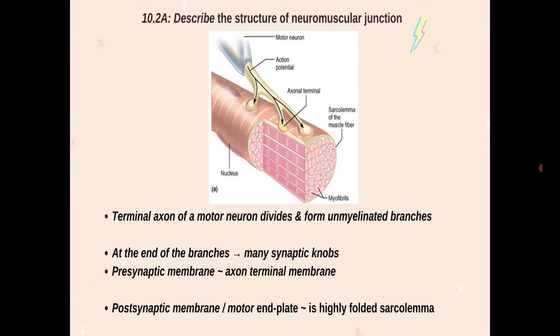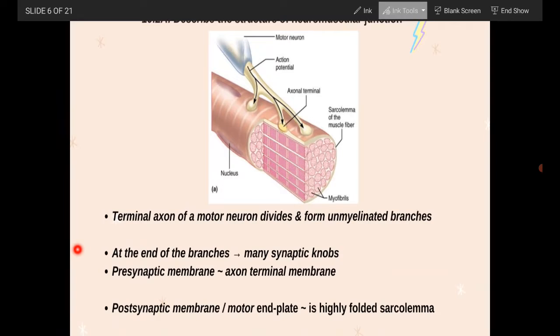As you can see over here, this is the axon terminal of motor neuron, which forms many unmyelinated branches, and at the end of the branches there are many synaptic nodes. So these are the synaptic nodes.